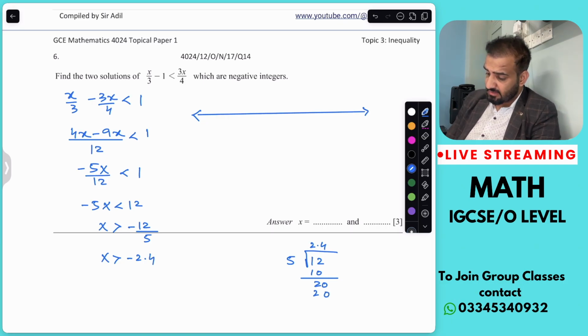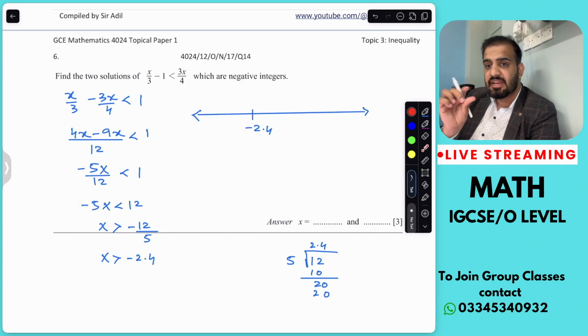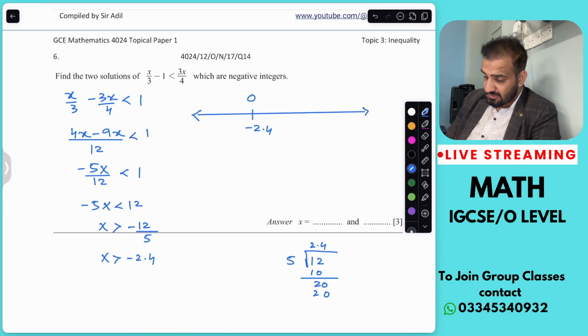Anyway, this is your point, minus 2.4. X greater, why did I change this inequality? Just because of this negative sign, negative number. If you divide some negative number on the other side, you change the inequality. And because of this greater than, you will write an open circle and put an arrow on the right side.